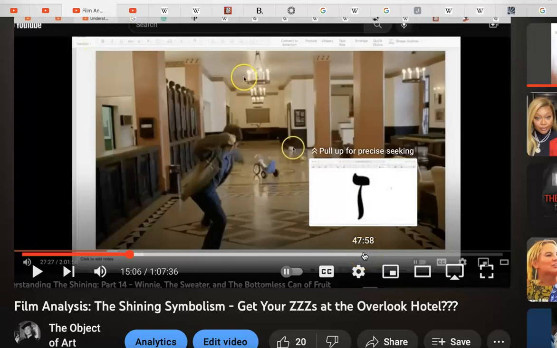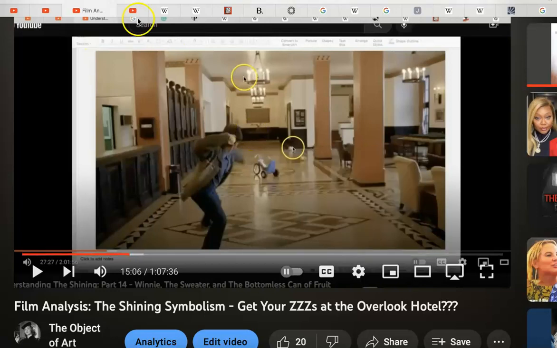See that? That looks an awful lot like an X. That is the letter Zayin in Hebrew. Okay, and what we're going to talk about today is related to the letter Z, and not Z for zebra or zeta. No, Z for Zayin.